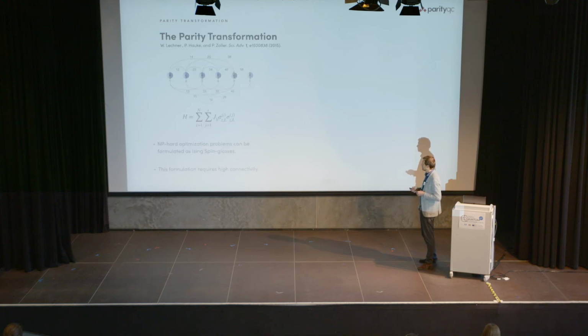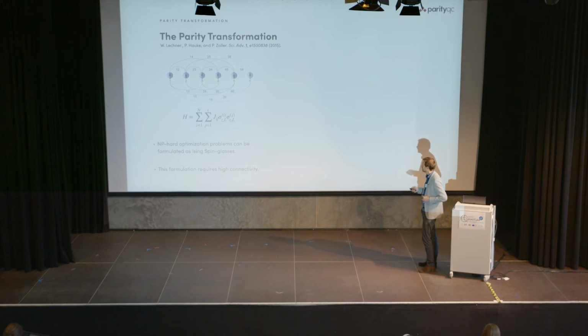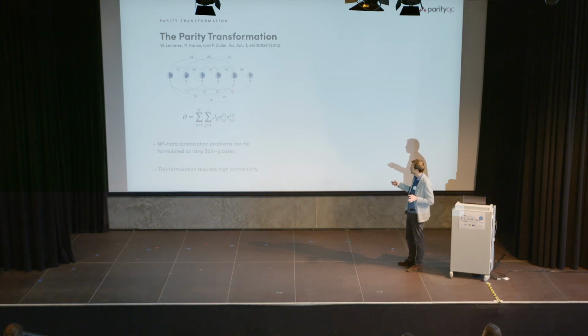So let me start a little bit historically, just to get you in the spirit of the parity picture. This is already quite some old work from 2015, but it somehow shows the logic behind everything that comes after. So imagine you have a spin model which is all-to-all connected.